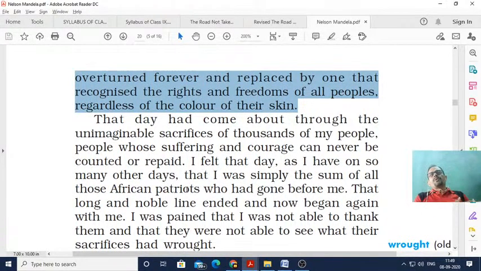All races of people will have the same rights and freedoms, regardless of the color of their skin. Even the white people will have the same privilege as the black people under the leadership of Nelson Mandela, under the new political system of democracy. So this is what Mandela is informing us.